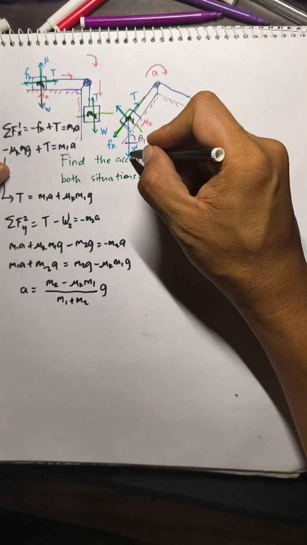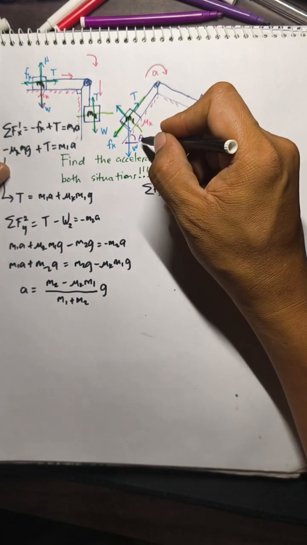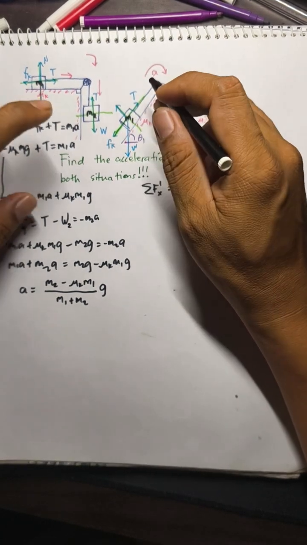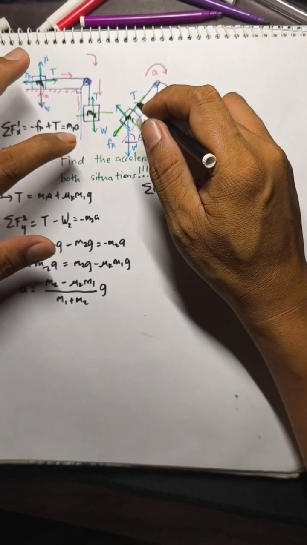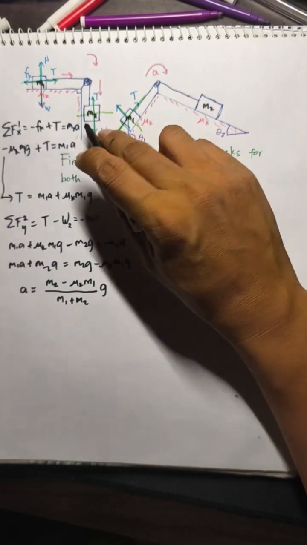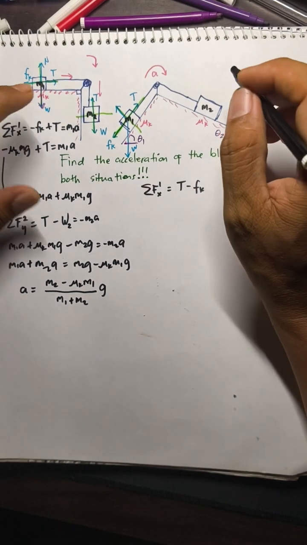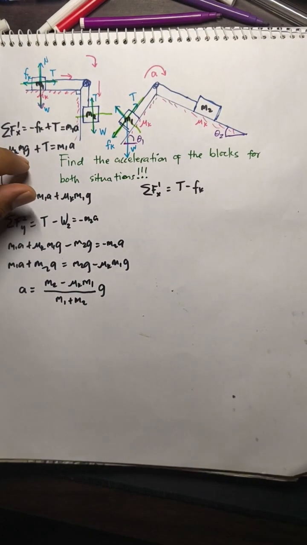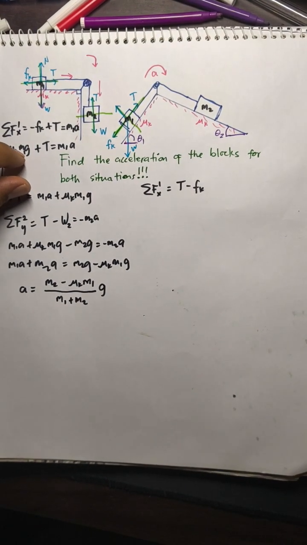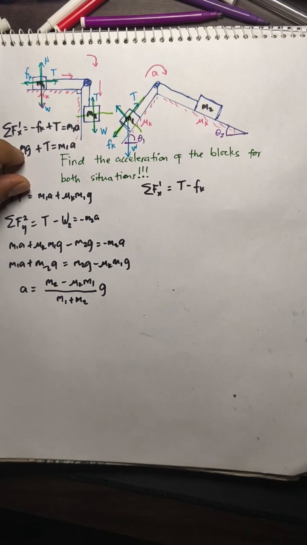Why? Well, it's because our axis has been tilted. So our weight now, instead of being only along y, will be on both the x and y axes. But it's okay, let's just get the components of that.